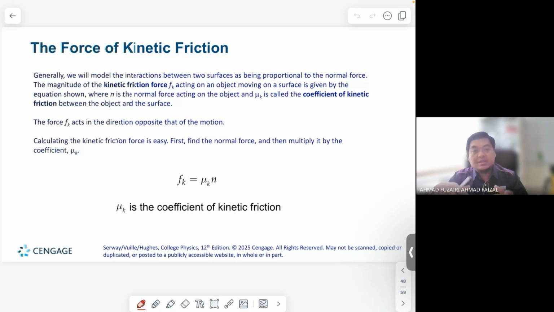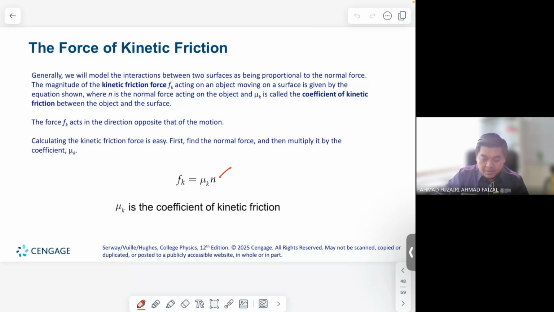For kinetic friction, we use the equation Fk equals mu k times N, where N stands for the normal force, and mu k is the coefficient of kinetic friction. That means the coefficient is given as a certain value.